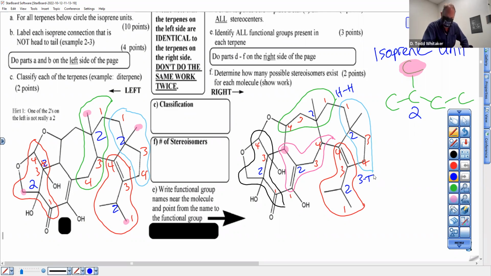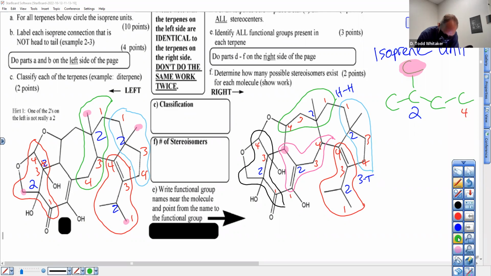I want you calling number 4 a tail. When you describe it, it's called a tail. And number 1 is called a head. And I don't want to hear about head to tail connections because they're dull. They're boring. In terms of biochemistry, they're happening in every species ever. It's the other connections that make things get interesting.